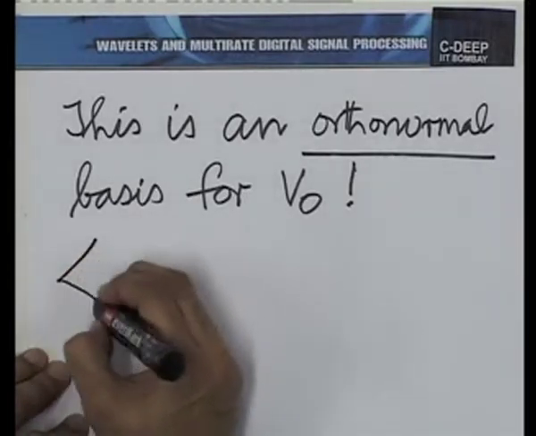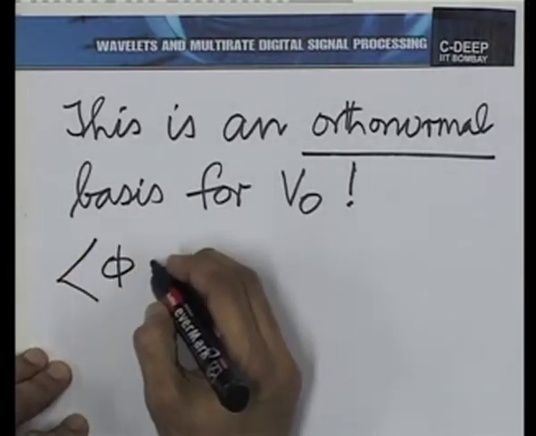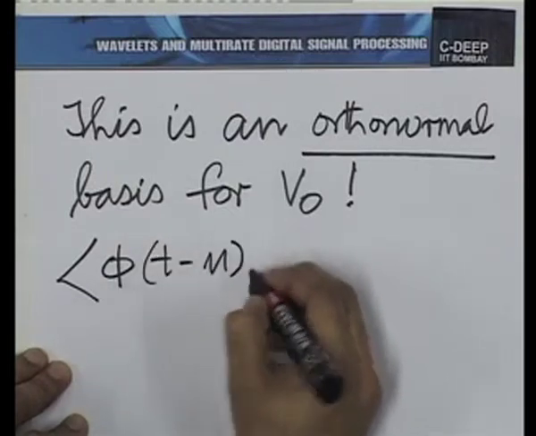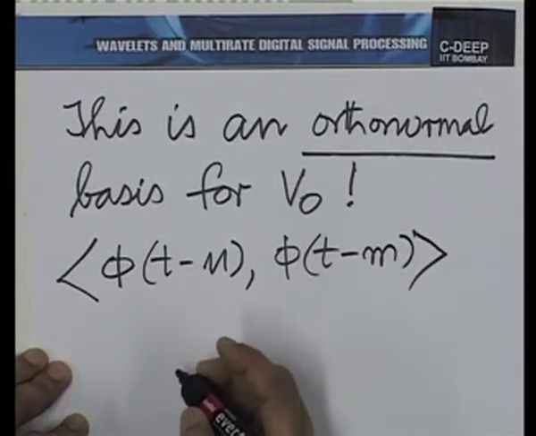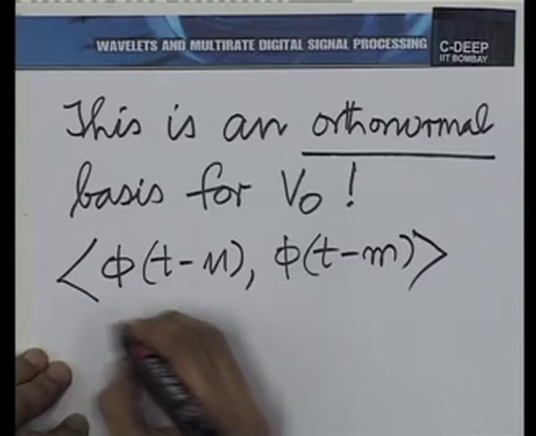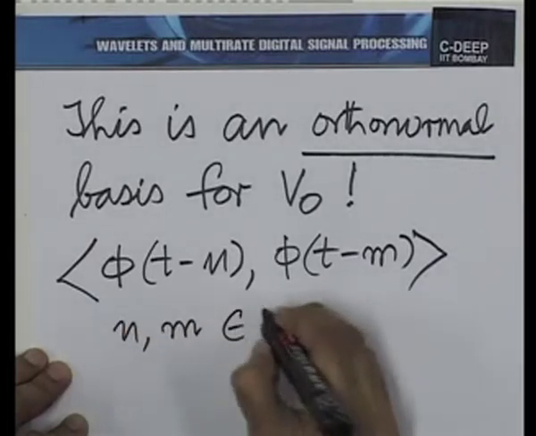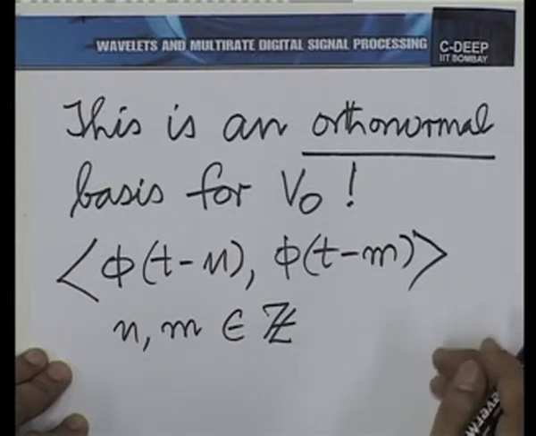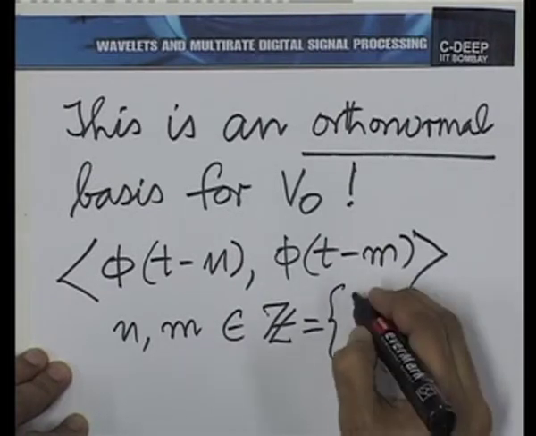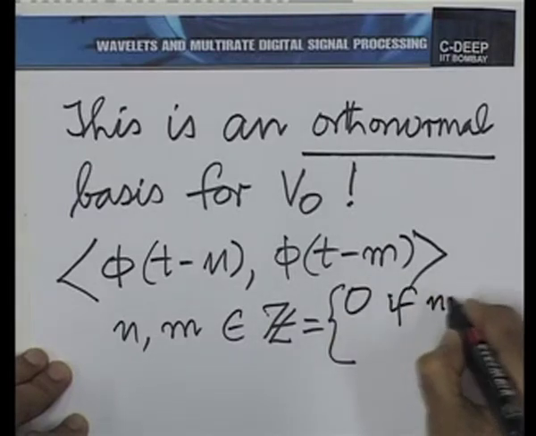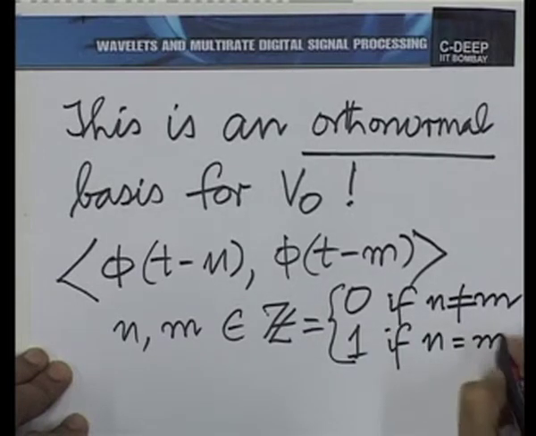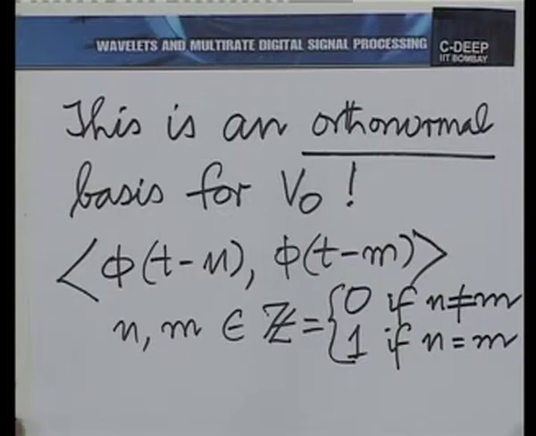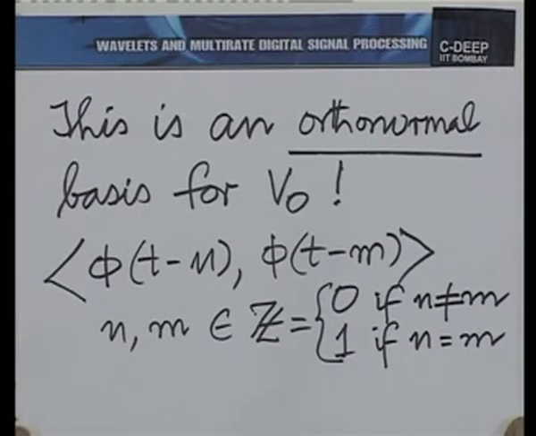If I take the dot product of two of them, phi of t minus n and phi of t minus m, for any two integers n and m belonging to the set of integers, then this dot product is equal to 0 if n is not equal to m, and 1 if n is equal to m. Very easy to check. It does not require too much working to prove this, and I leave it as an exercise for you to show.